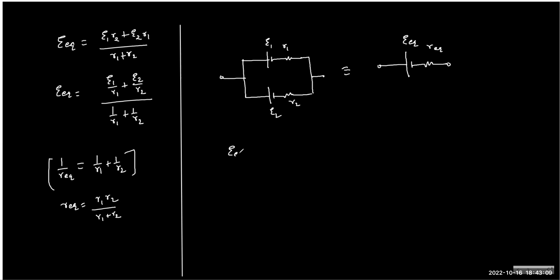The formula of E equivalent you can write as the summation of Ei by Ri. You can take any number of parallel cells, not only 2, upon the summation of 1 by Ri.